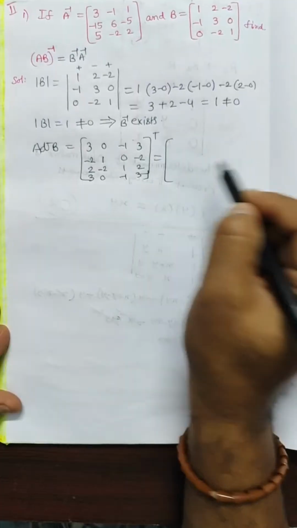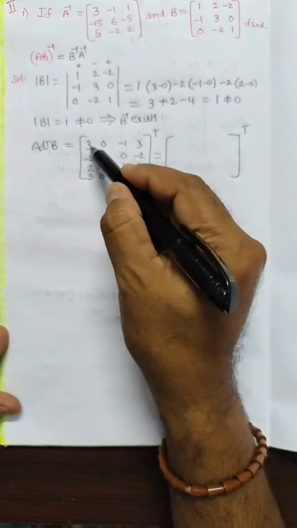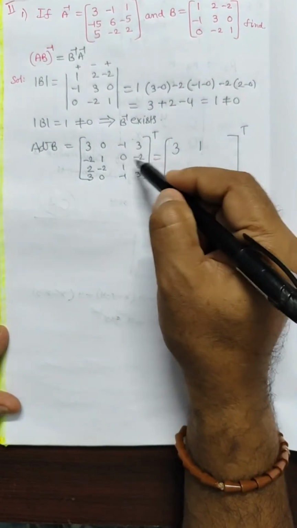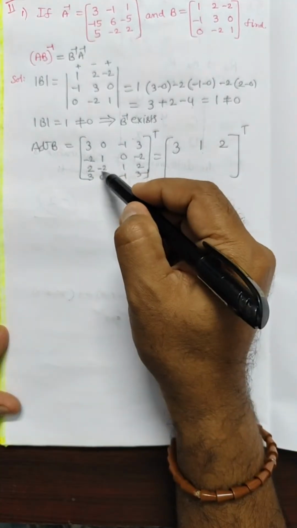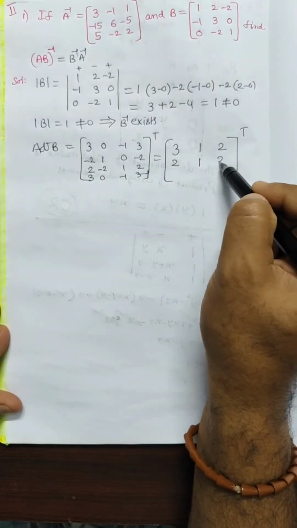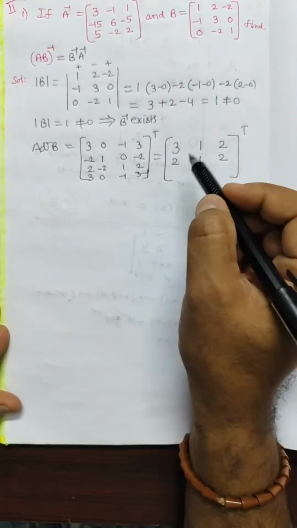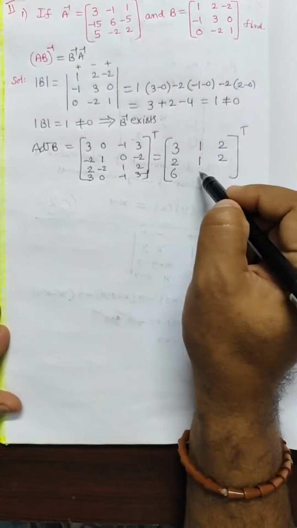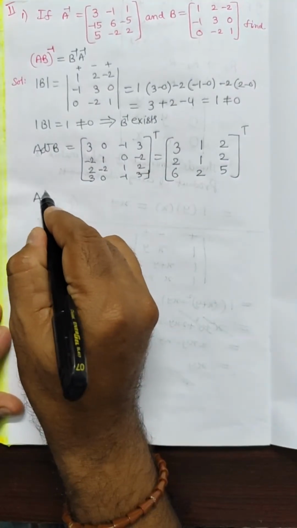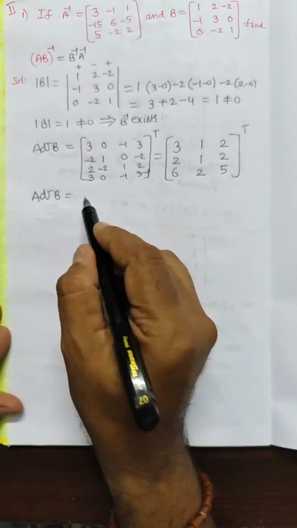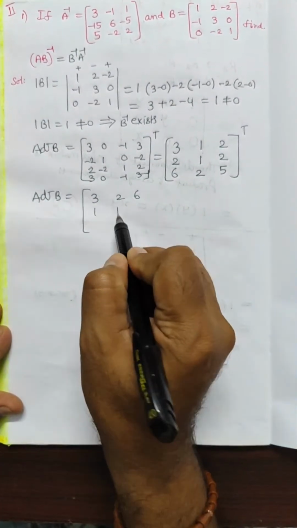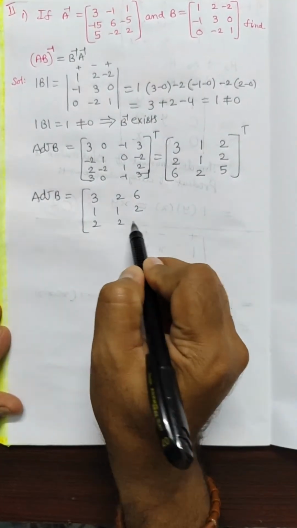So now calculate the determinants: 3 minus 0, 0 minus of minus 1 plus 1, 2 minus 0, 4 minus 2, 1 minus 0, 0 minus of minus 2, 0 minus of minus 6 plus 6, 2 minus 0, 3 minus of minus 2, 3 plus 2, 5. So adjoint B is equal to the transpose of the matrix, that means 3, 2, 6, 1, 1, 2, 2, 2, 5.